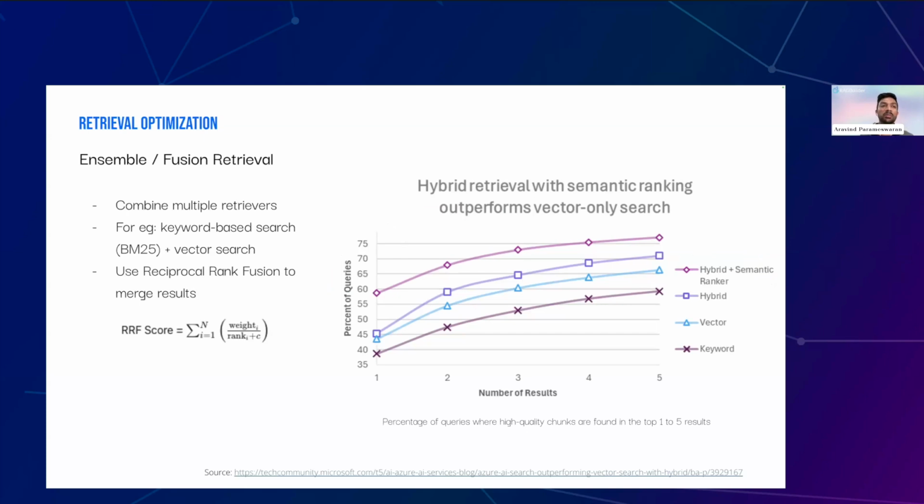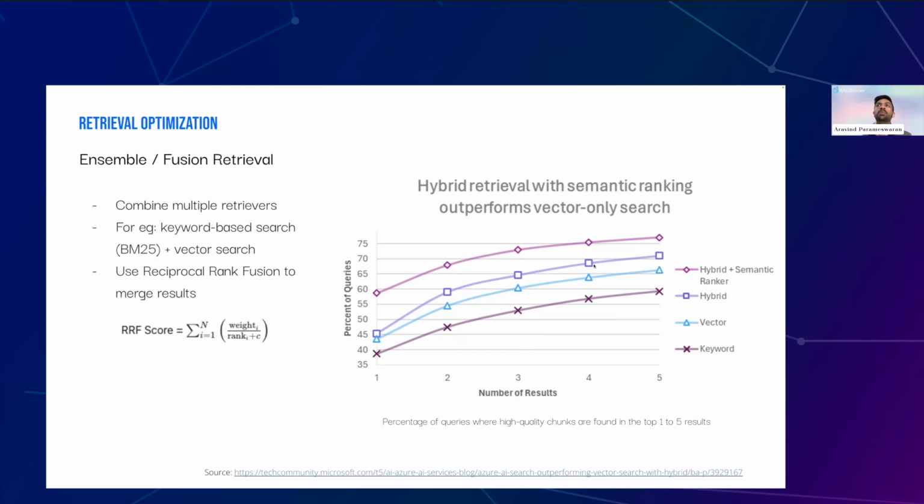So there's a case study here, well, not exactly a case study, but an experiment that was done by Microsoft. As you can see here, there's a comparison of keyword search versus vector search versus hybrid search. The hybrid search clearly performed better. I mean, it's kind of obvious, since we are combining the techniques of two different methods.